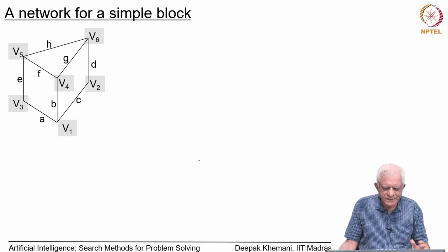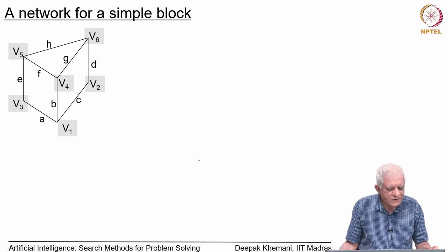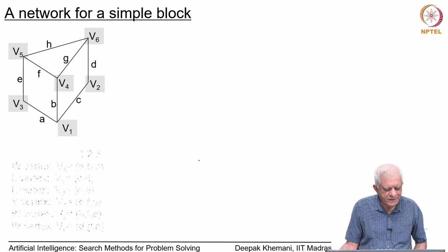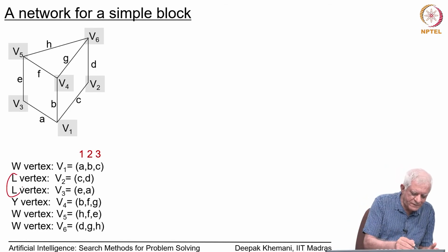So, here is an even simpler block. It looks like a slice of cheese, as often depicted in diagrams. It is basically a triangular block. It has 6 vertices, and 2 of them are L vertices.